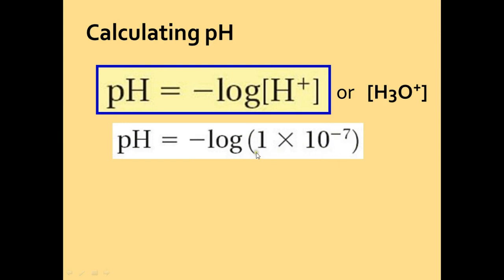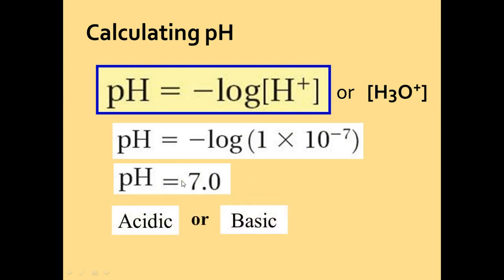So in this case, the pH would be 7 because we don't even need this formula. We can just look at this exponent and see it's a 7. So this is a pH of 7. And is this acidic or basic? And that is a trick question because it's neutral. It's neither acidic nor basic. So this would be like water.